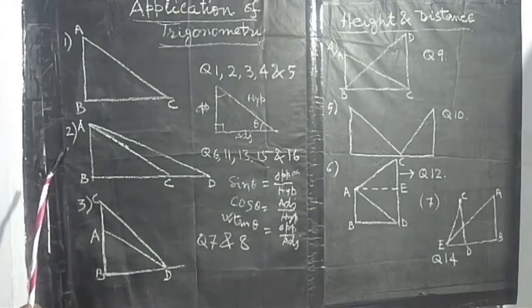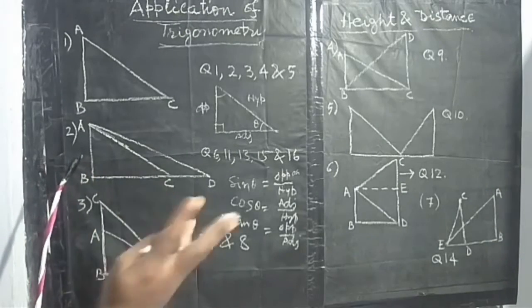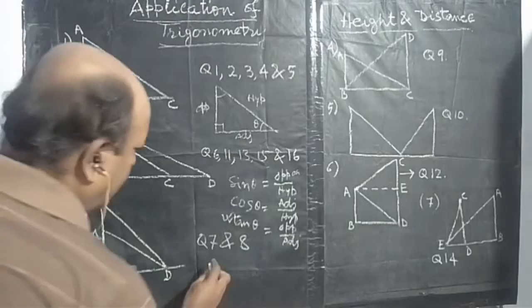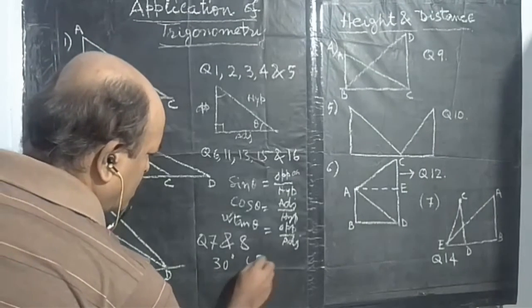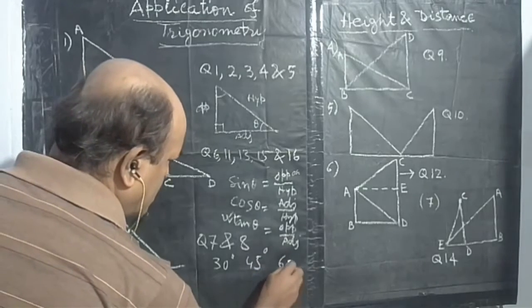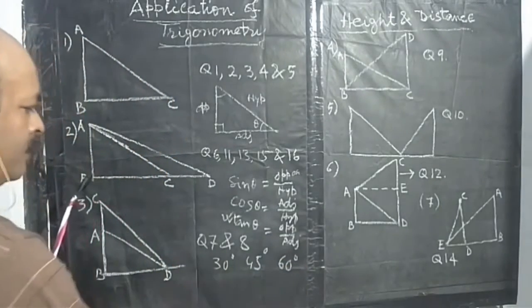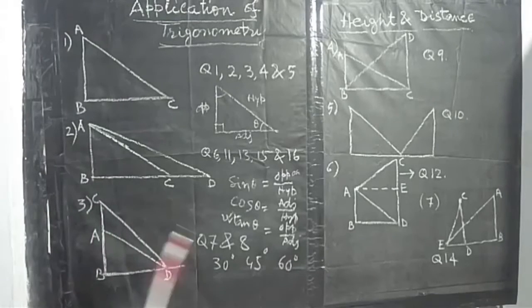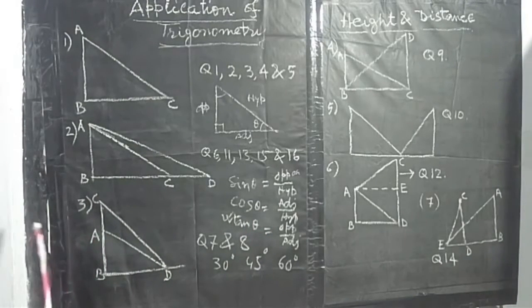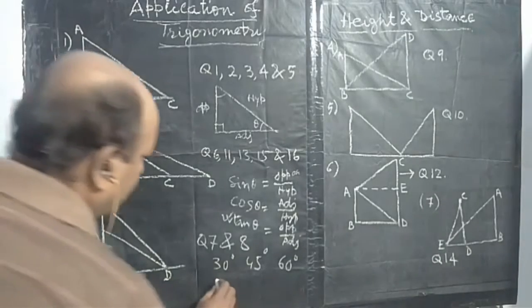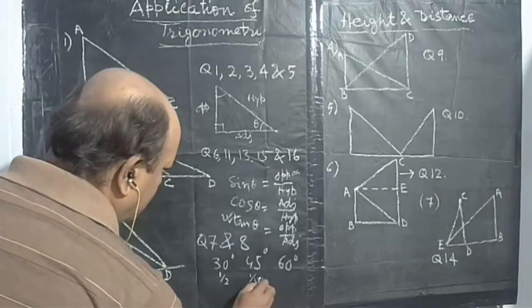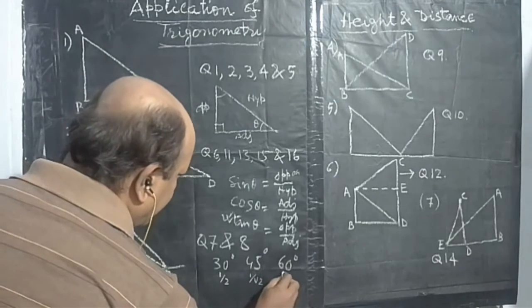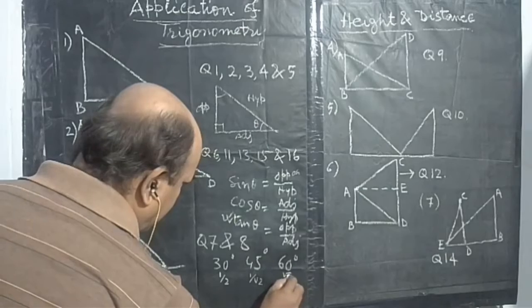Next, the main three angles: 30 degree, 45 degree and 60 degree. The values of these three angles will be useful here. Sine 30 degree is half, sine 45 is 1 by root 2, and sine 60 is root 3 by 2.